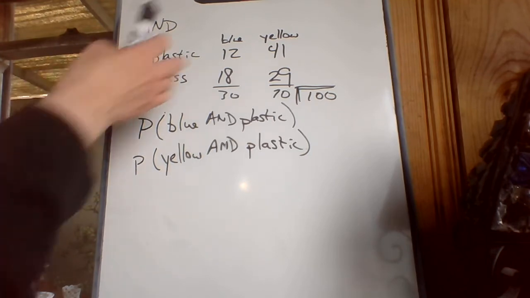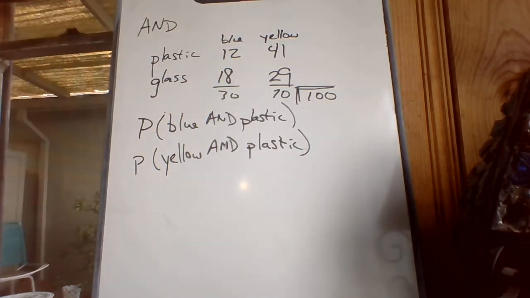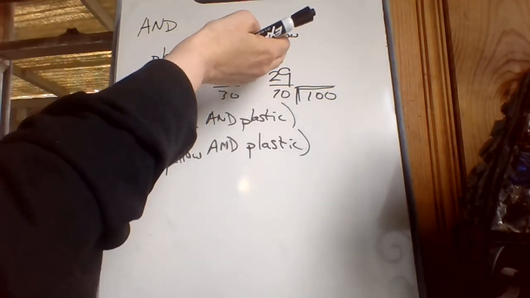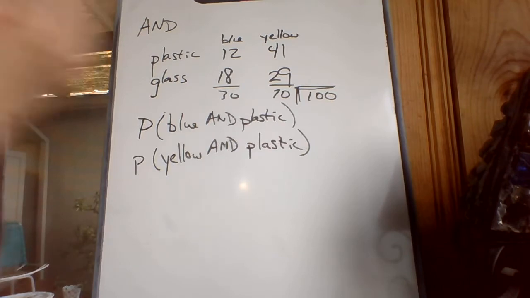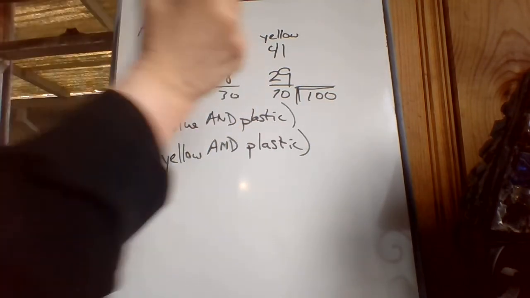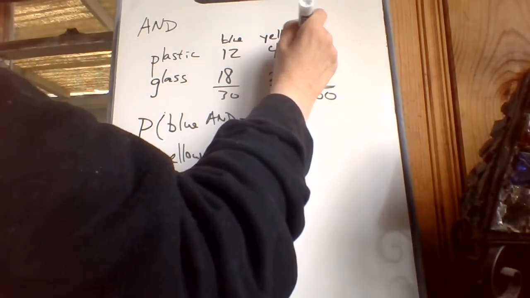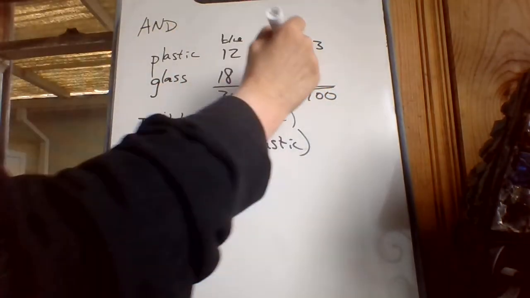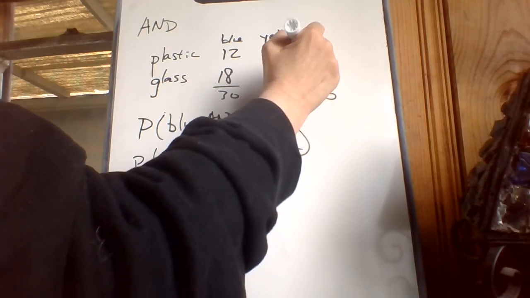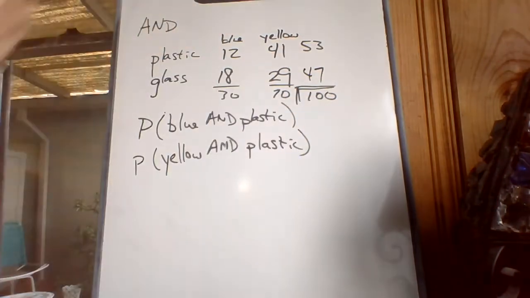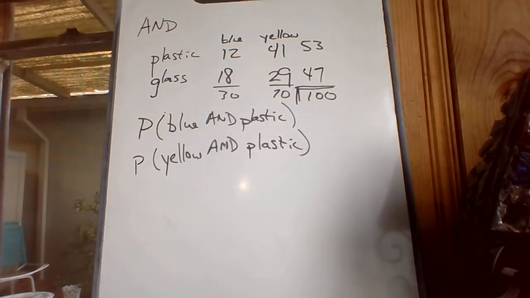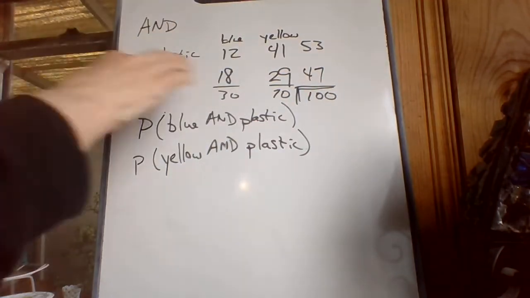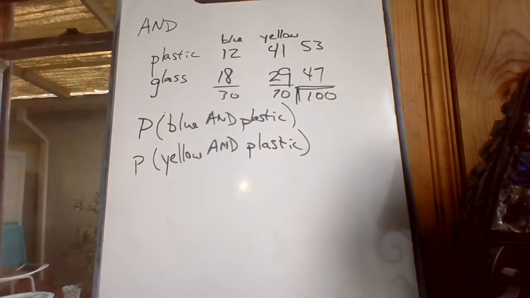To make up my set of 30, I had to throw some blue plastic ones and some blue glass ones into my bucket, and some yellow plastic ones and some yellow glass ones, but I got the numbers to work out. So altogether, I got 53 plastic ones in there, and 47 glass ones in there. That's what's in my bucket. It's still 100 if you add them up this way or that way, because there's 100 things in there.